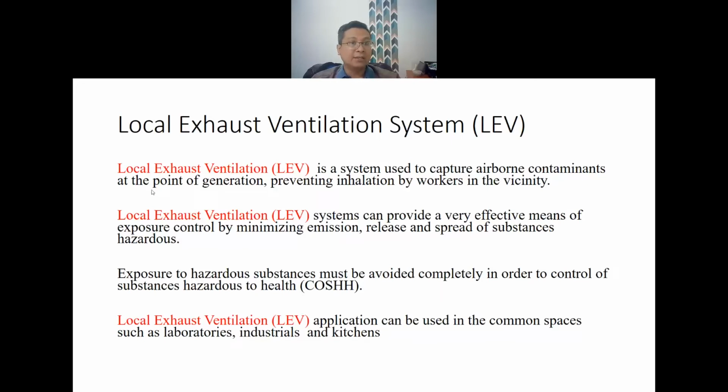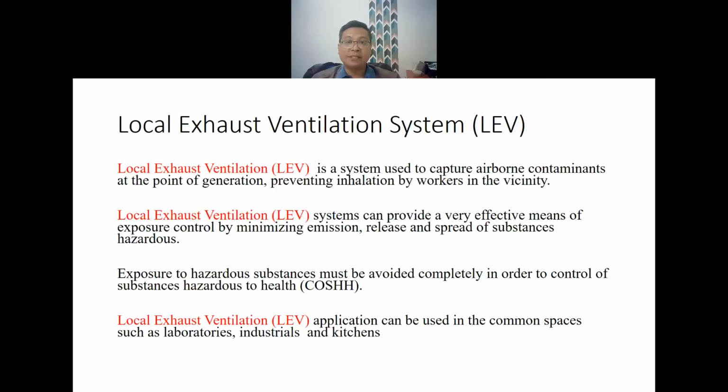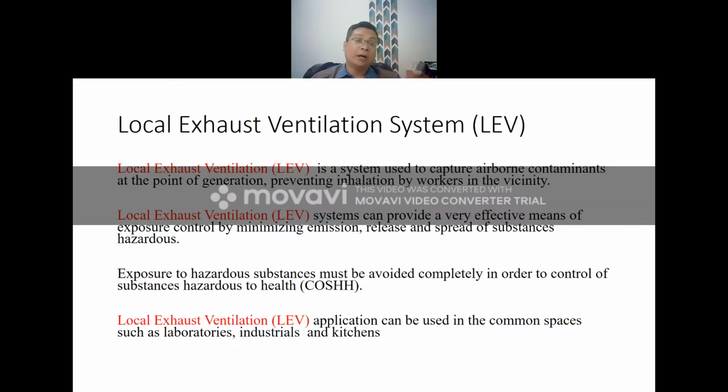Local exhaust ventilation is a system used to capture airborne contaminants at the point of generation, preventing inhalation by workers in the vicinity. Actually, we have a special condition in certain areas, for example, maybe you are familiar with the welding system. Maybe you already saw it in the welding system lab.